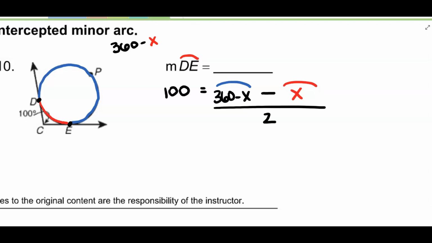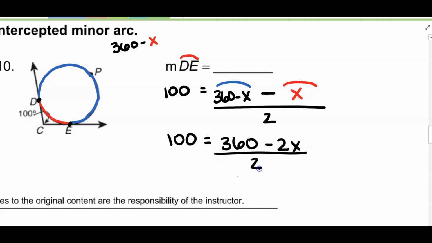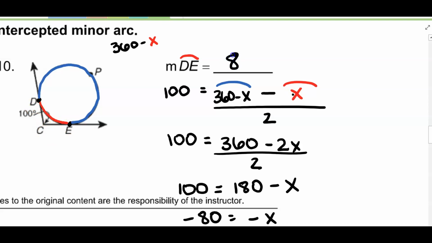So once again, we simplify. 100 is equal to 360 minus 2X, divide by 2, which means 100 is equal to 180 minus X. I can subtract 180 from both sides to get negative 80 is equal to negative X. And when I divide both sides by negative 1, I get X equals 80. Since X represented our minor arc, and that's what we're looking for, our minor arc is 80 degrees.